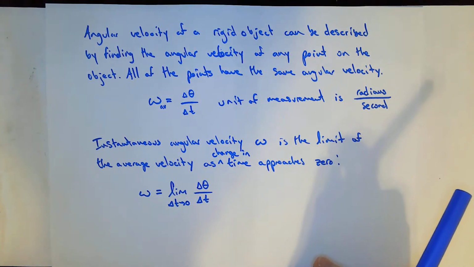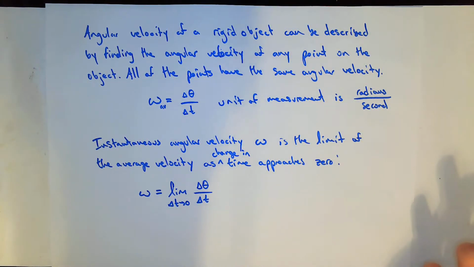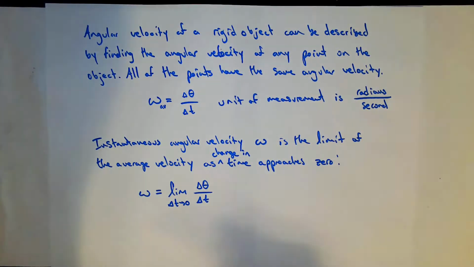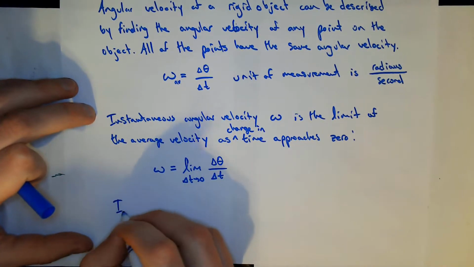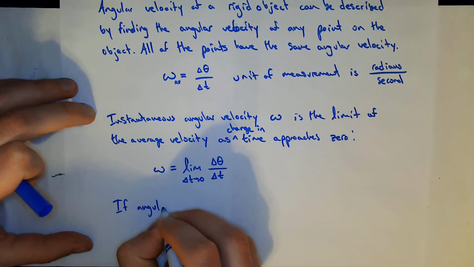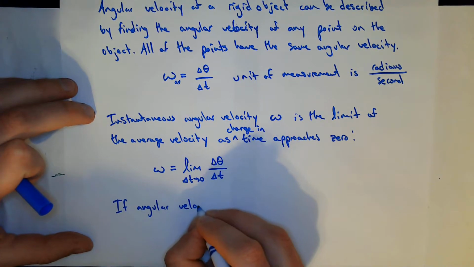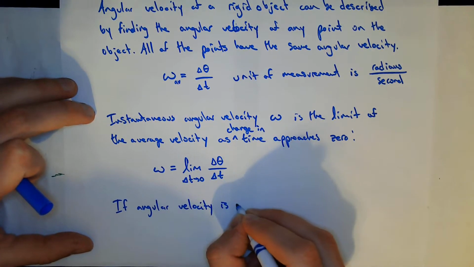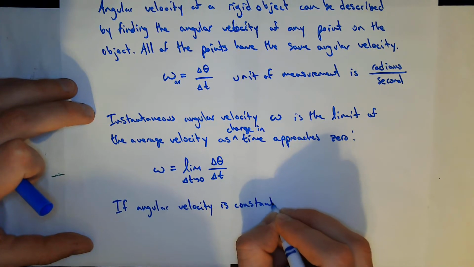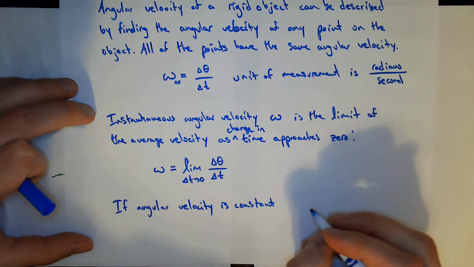I should say though that if velocity is constant, right, so here's a fact. If angular velocity is constant, then what can we say about average and instantaneous?